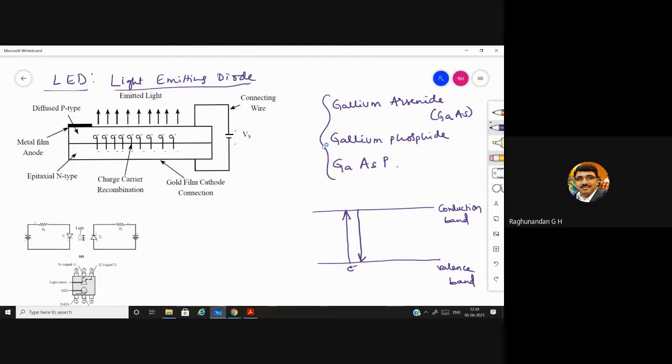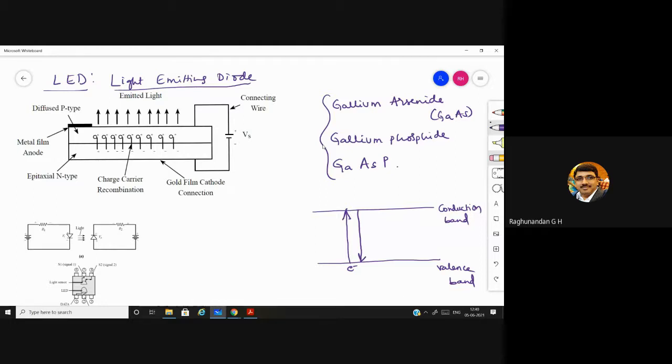While it is going to the conduction band, its energy starts increasing. It starts acquiring energy. When it moves from the lower orbit to the higher orbit, it acquires more energy and reaches the conduction band. After some time, it has to come back to the lower orbit.